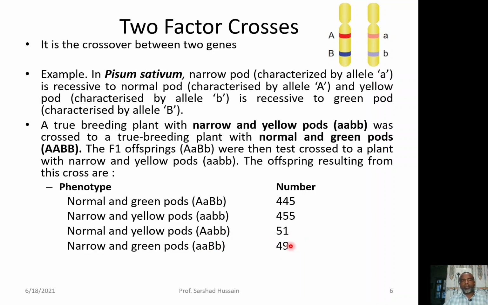Now, let us look at this 2-factor cross where crossing over has taken place between these two genes. How can we say what is the linkage group present in the chromosome, what is the distance between them, and what is the configuration in the F1 hybrid?